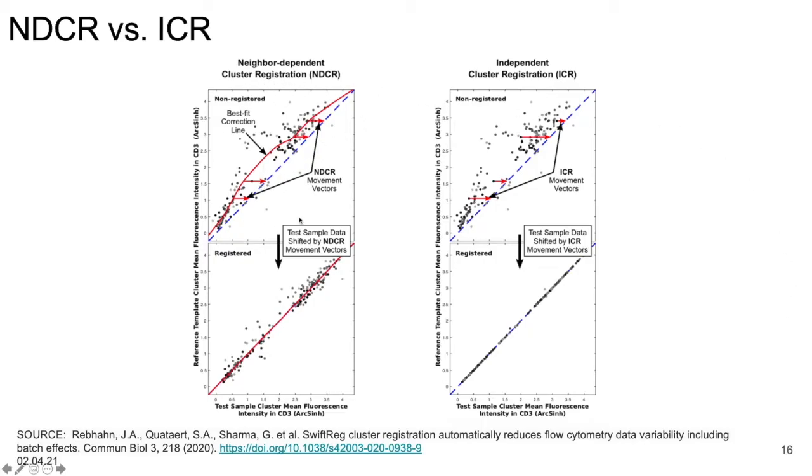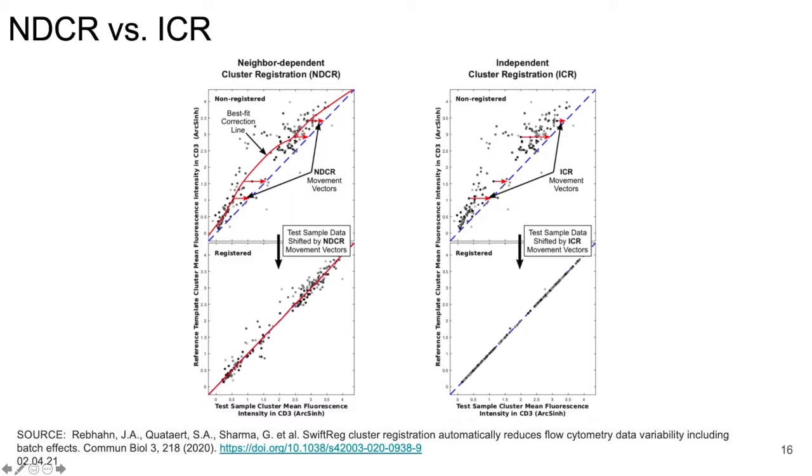So in the top panel, it shows the same data that is raw, not registered. And what the neighbor-dependent cluster registration does is it estimates a best fit line through the population, and then it uses the best fit line to determine the size of the shift at the various points along that data to adjust for the differences between the target and the test sample.